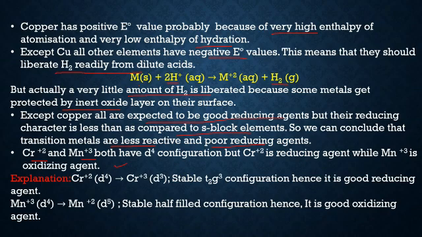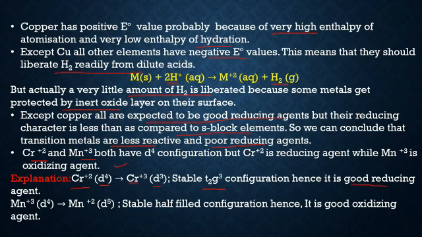Now how do we explain this? Look here, Cr plus 2 has d4 configuration, and when it is converted into Cr plus 3, that is d3 configuration, which is the stable t2g3 configuration, the conversion readily takes place. That means oxidation takes place, and chromium plus 2 acts as a good reducing agent.